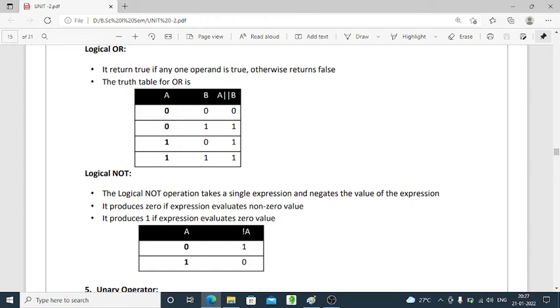For example, if after evaluating an expression you get the value 0, then after applying logical NOT on that expression, it becomes 1. If you get 1 after evaluating the expression, the value of NOT A is 0. This is the logical NOT operator.